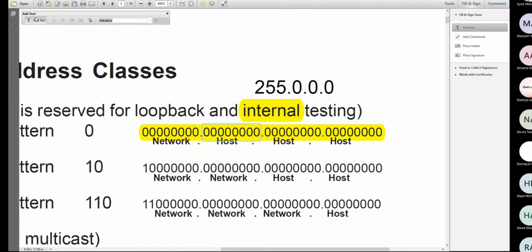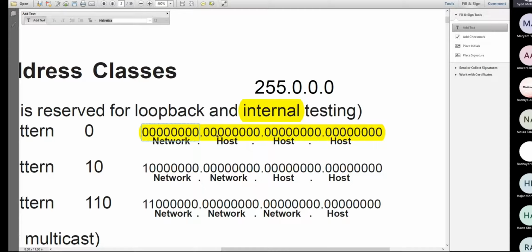Not 3, that is 3 octets, but 8 plus 8 plus 8, a total of 24 bits. As I told you, in IPv4 we have a total of 32 bits, but the first 8 bits belong to the network and 24 bits are for the host portion.